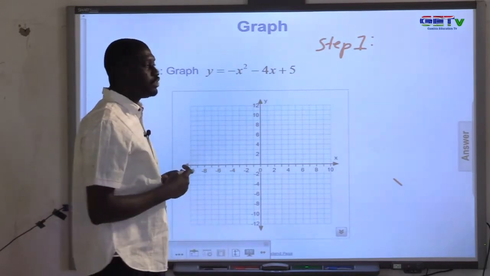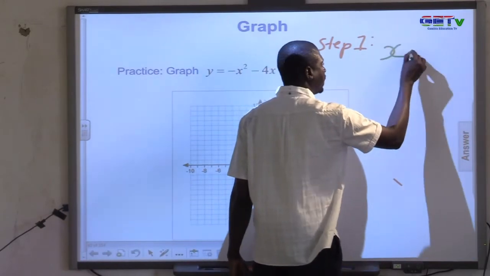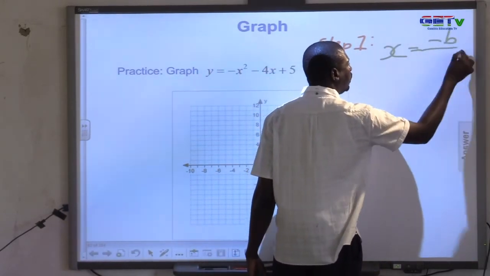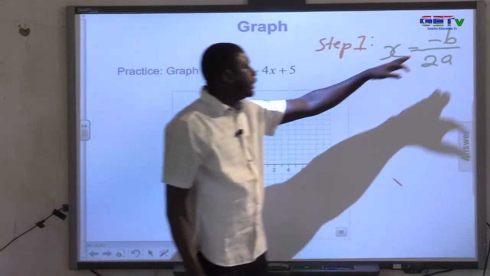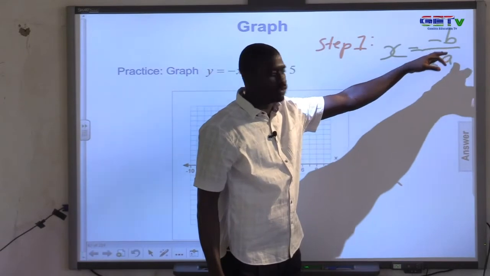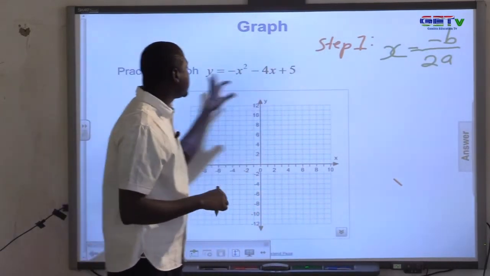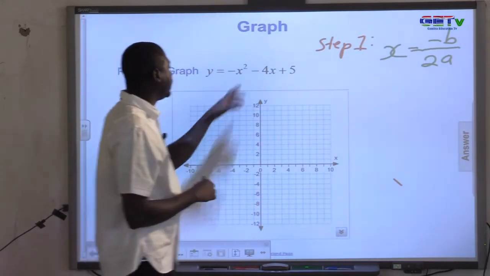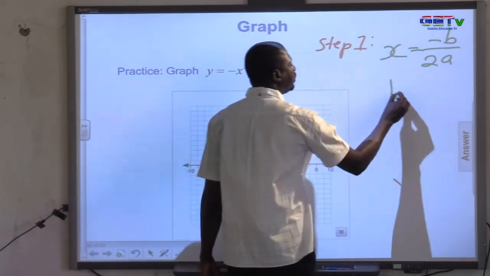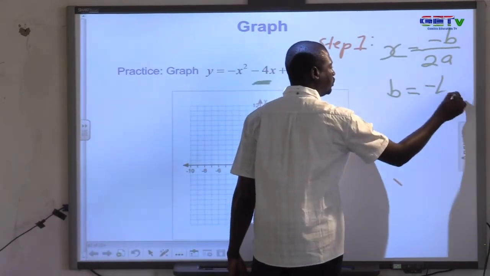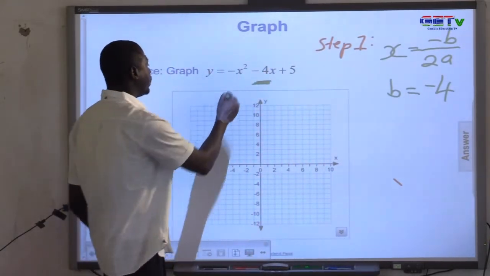To solve for the line of symmetry, you need to remember the equation for the line of symmetry, which is x equals minus b over 2a, where b is the linear term of the quadratic function and a is the coefficient of the quadratic term. So if you look at this, our b value will be negative 4. So b will be equal to negative 4. And our a value is the coefficient of the quadratic term, which is negative 1.